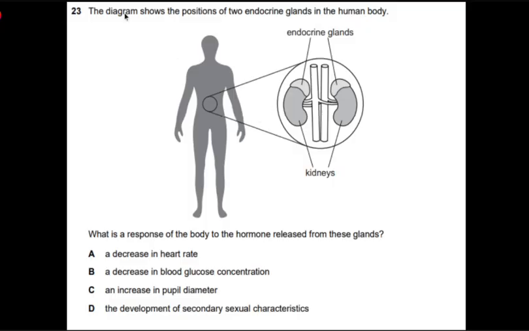So we have the first one, which is saying the diagram shows the position of two endocrine glands in the human body. So we have these two kidneys. We have the right kidney and the left kidney. The way you see these structures when it comes to biology and anatomy is just different.